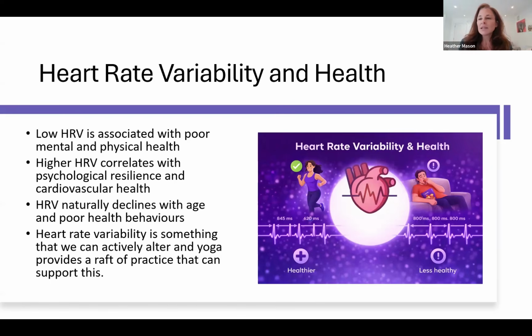Now, we can't prevent heart rate variability from declining at all through our lifespan, but we can definitely increase heart rate variability and reduce the progression towards decline. And we can do this through a variety of different yoga practices that are known to increase heart rate variability.